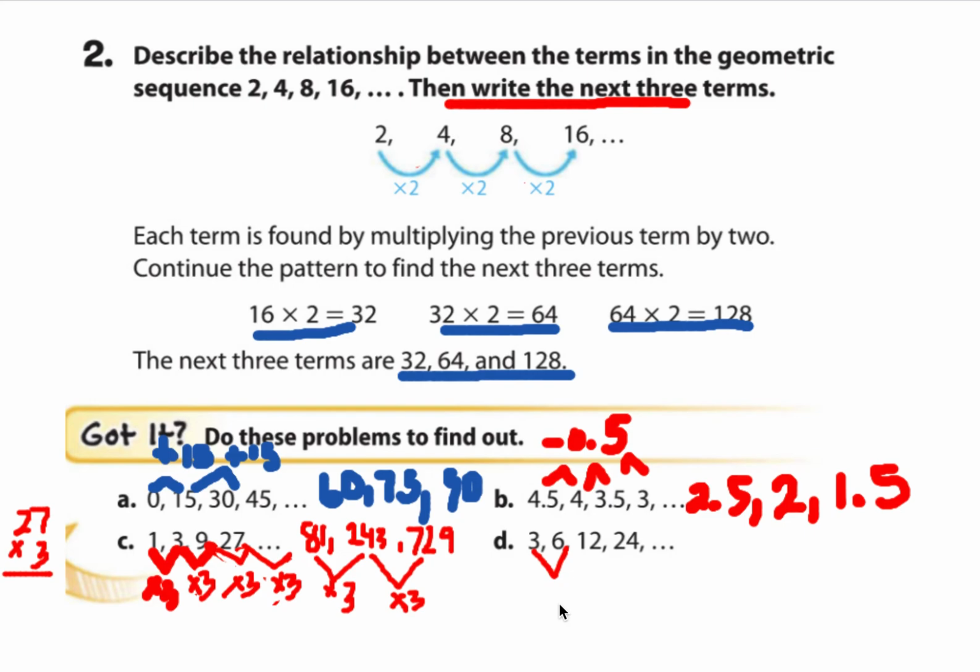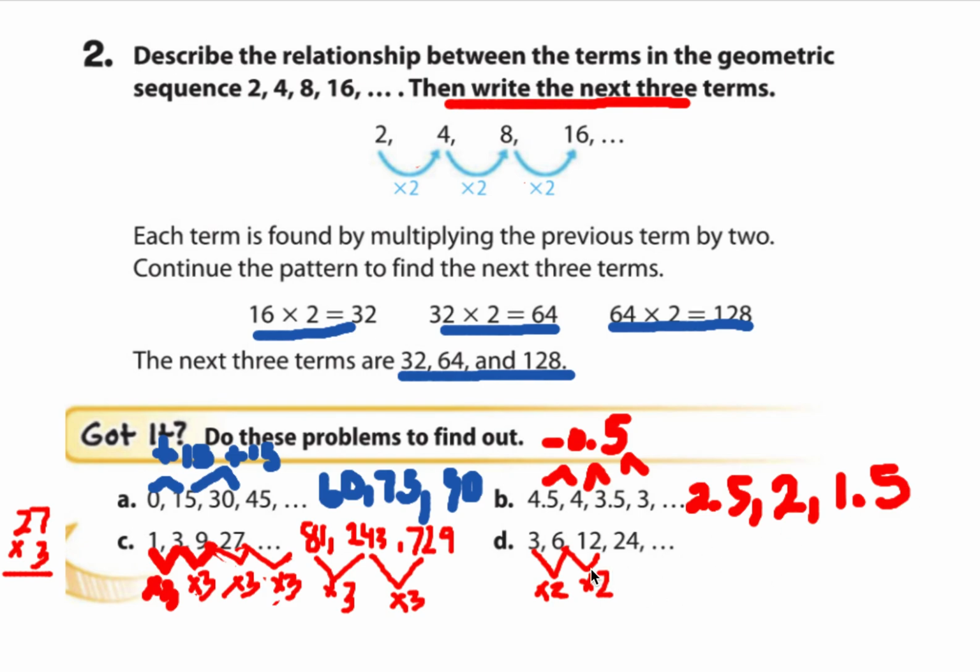We're going to multiply 3 times 2. It's multiplying by 2, and then you continue the pattern. We're going to end there because it's just more of the same. 24 times 2 is 48, 48 times 2 is 96, and 96 times 2 is 192.